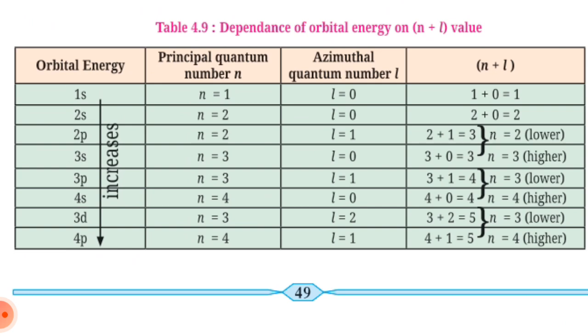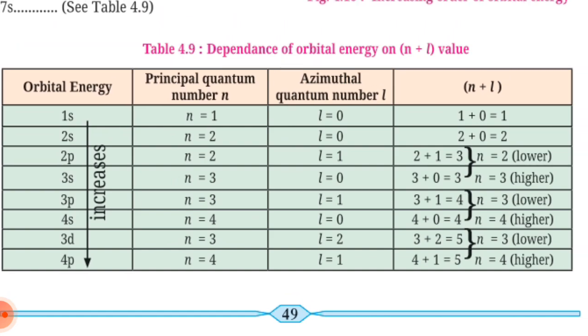Orbital 2s: n equal to 2, l equal to 0, 2 plus 0 equal to 2. 2p: n equal to 2, l equal to 1, 2 plus 1 equal to 3, n equal to 2, lower. 3s: n equal to 3, l equal to 0, 3 plus 0 equal to 3, n equal to 3, higher. 3p: n equal to 3, l equal to 1, 3 plus 1 is 4, n equal to 3, lower. 4s: n equal to 4, l equal to 0, 4 plus 0 equal to 4, n equal to 4 is higher. 3d: n equal to 3, l equal to 2, 3 plus 2 equal to 5, n equal to 3 is lower. 4p: n equal to 4, l equal to 1, 4 plus 1 equal to 5, n equal to 4 is higher.